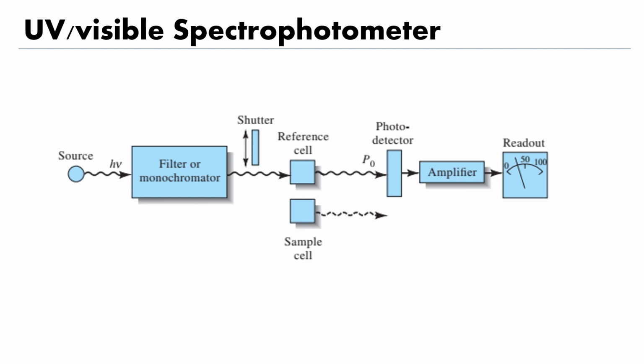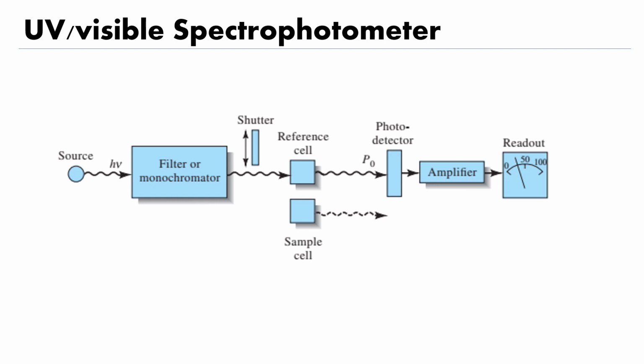This diagram shows the arrangement of the UV visible spectrophotometer, actually a single beam UV visible spectrophotometer. It consists of a source. After the source there is a filter, or monochromator. Then there is a shutter, then the reference cell and a sample cell.